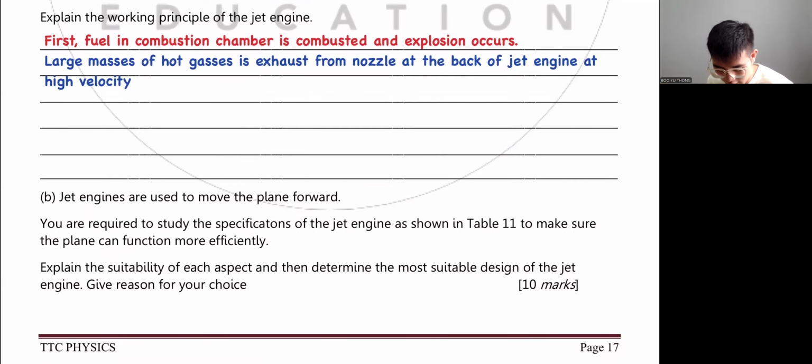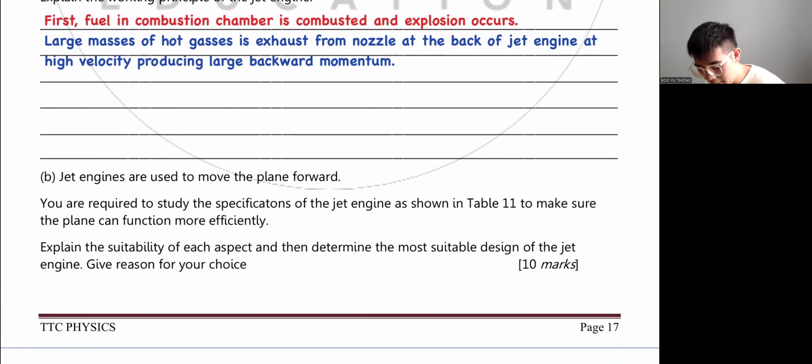I have mentioned two keywords here: one is large masses, and another one is high velocity. So the large masses of hot gases expelled at high velocity produce a large backward momentum. Your focus is to explain how the large backward momentum is produced.